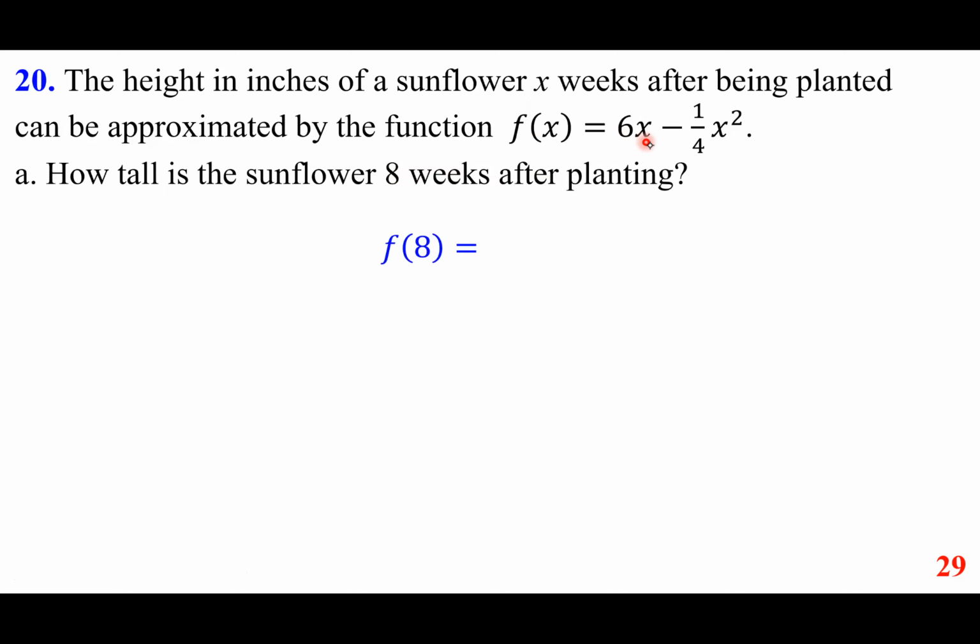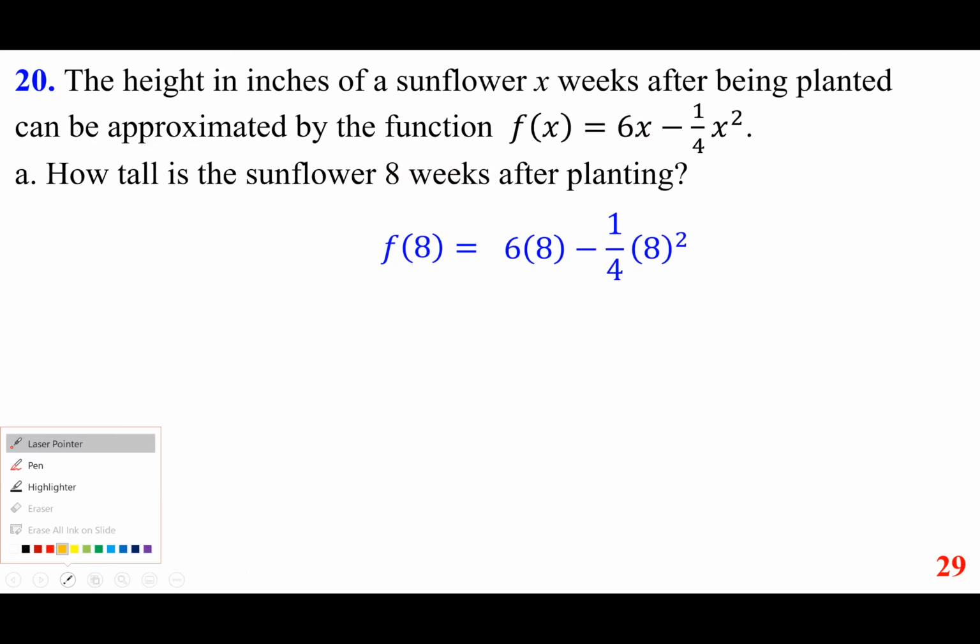We want f of x, so 6 times 8 minus 1/4 times 8 squared. This is 48. This is 64. 1/4 of it is 16, and it becomes 32.